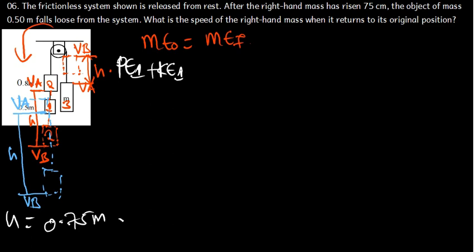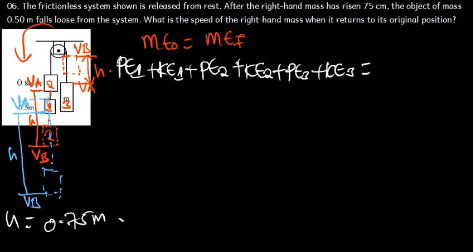Then plus the potential energy of 2, plus the kinetic energy at 2. But we also have another one on the other side initially, so I'm going to have plus the potential energy of 3 plus the kinetic energy of 3.